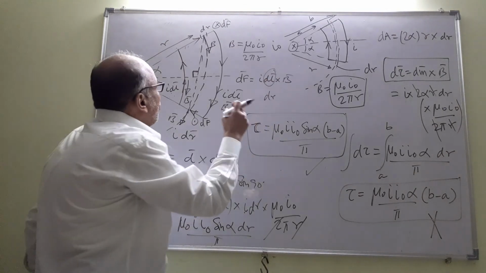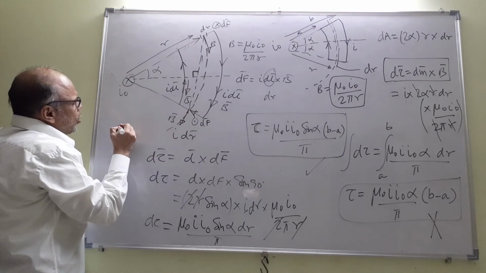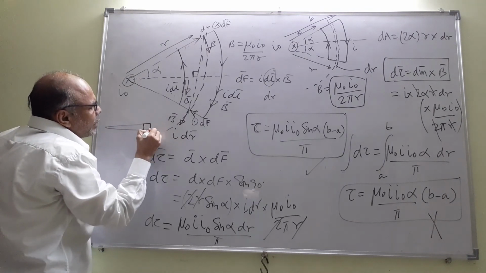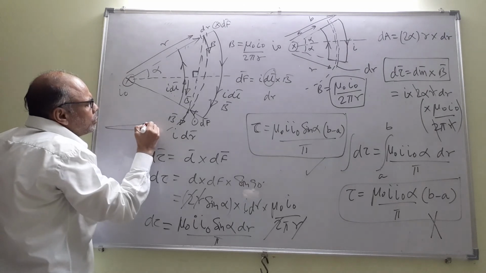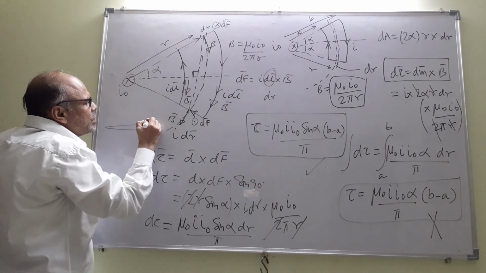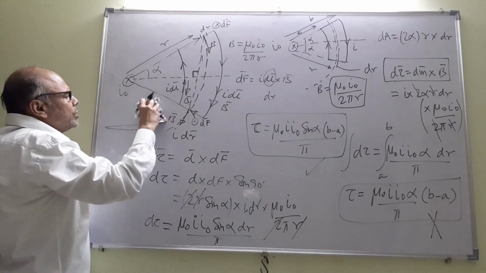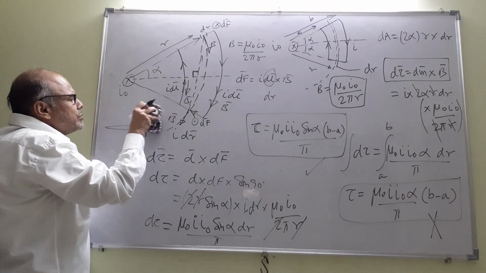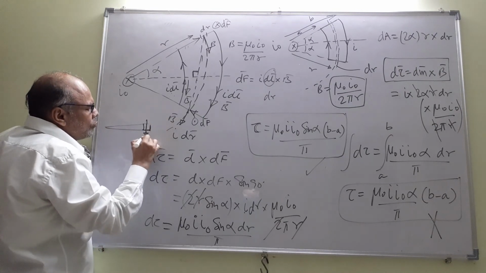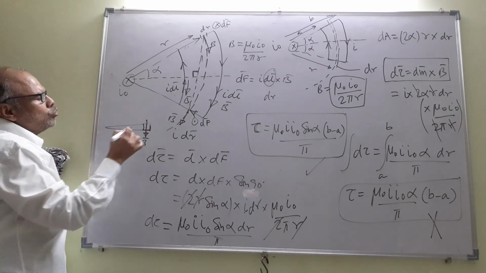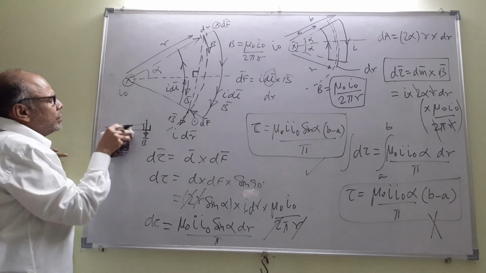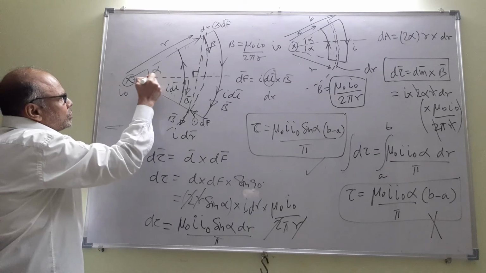Within that sector, the magnetic field would be nearly having the same direction. In other words, it would be uniform if alpha is small. For small alpha, or 2 alpha, because this is alpha and this is alpha.